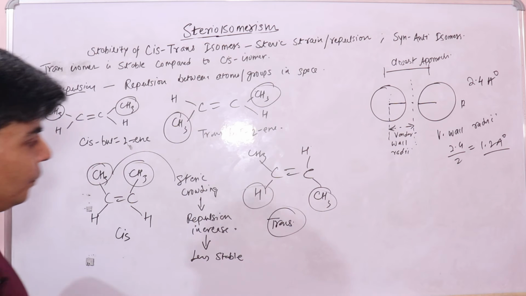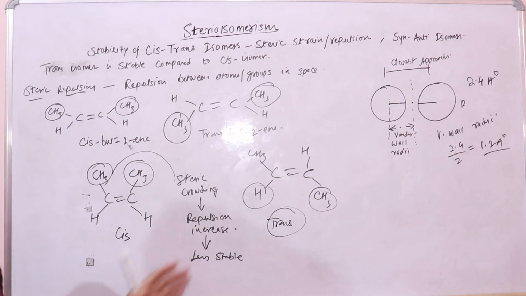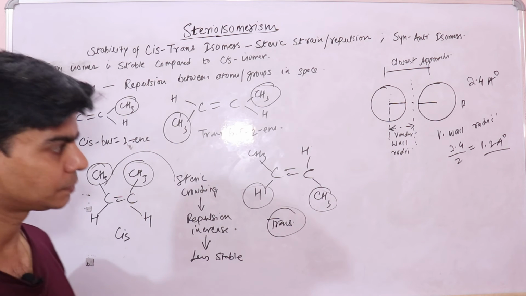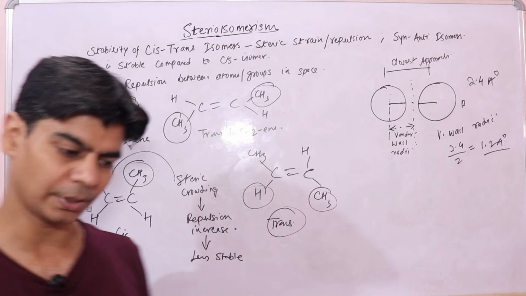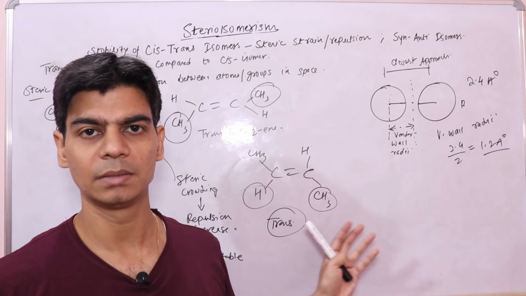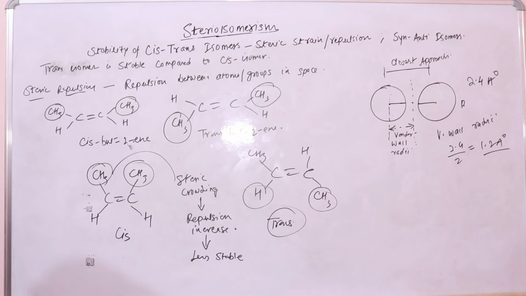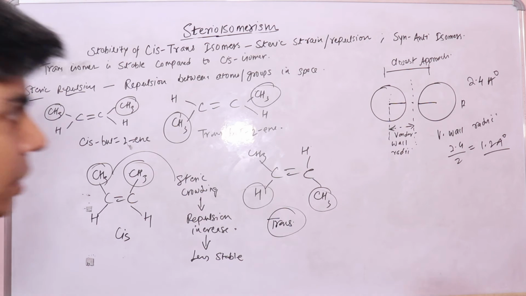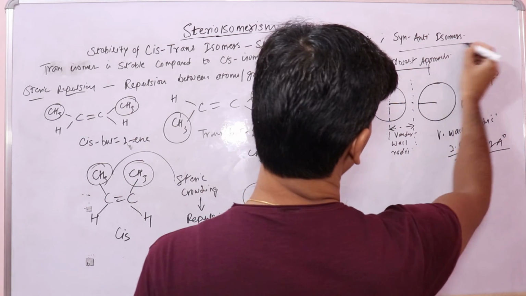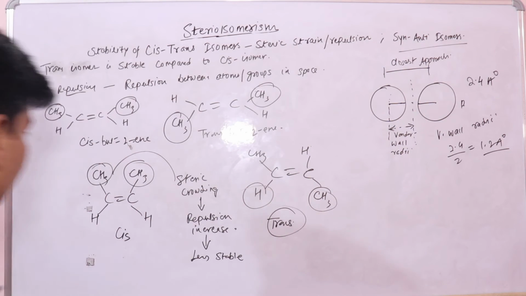In cis form, we have high steric crowding, due to which repulsive forces are more, which will make the molecule unstable, right? I hope this is clear. Now let's look at what is syn and anti isomer.